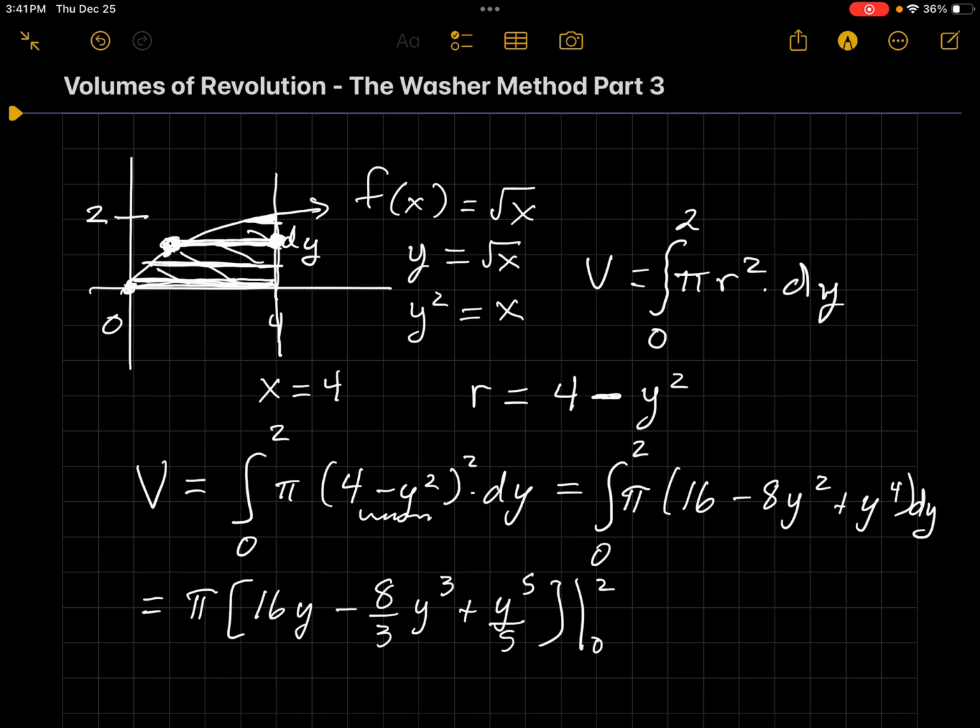From 0 to 2, plugging in the top limit, then I get 2 cubed is 8 times 8 thirds. 2 to the 5th is 32, minus a lower limit, and we will leave it like that.